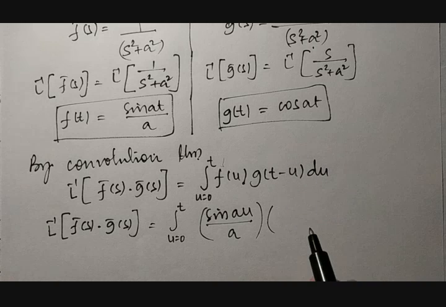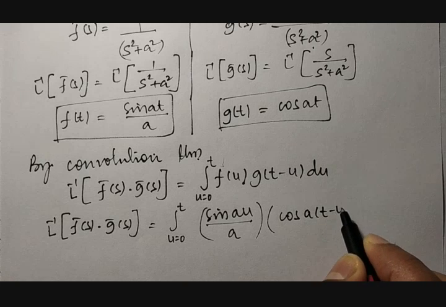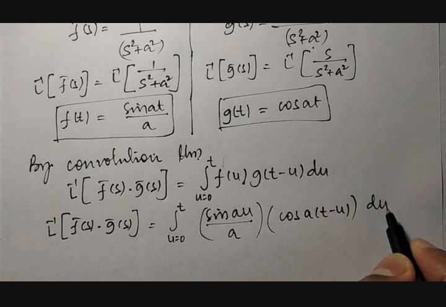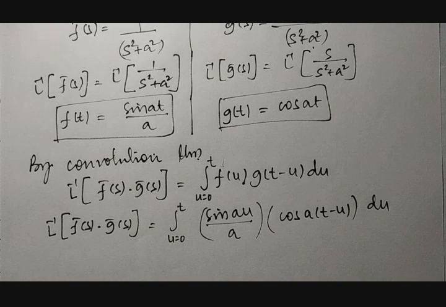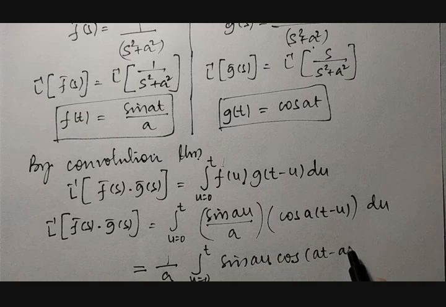Therefore, g of t minus u is equal to cos a into t minus u, with respect to u. Further, it will be equal to 1 by a integration from u equal to 0 to t of sine au into cos of at minus au with respect to u.